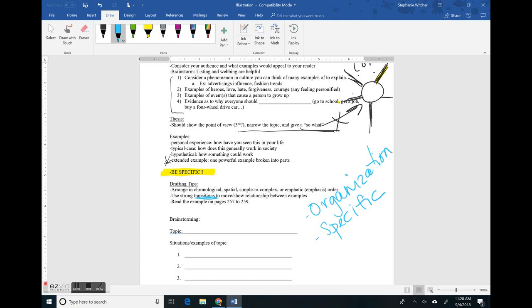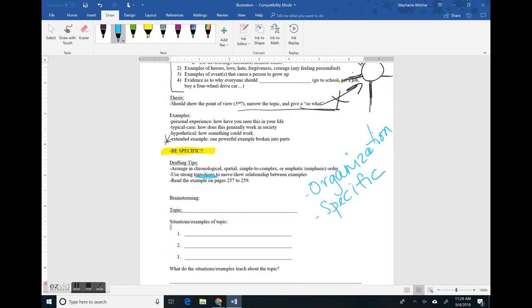This one is called All 7 Deadly Sins Committed at a Church Bake Sale. It's very funny, but it's also very clearly organized. It has great specific details. So I highly suggest that you take a look at this example, again on page 257. It's not very long, but I think it will be really beneficial for you to see a good example of what this should look like.